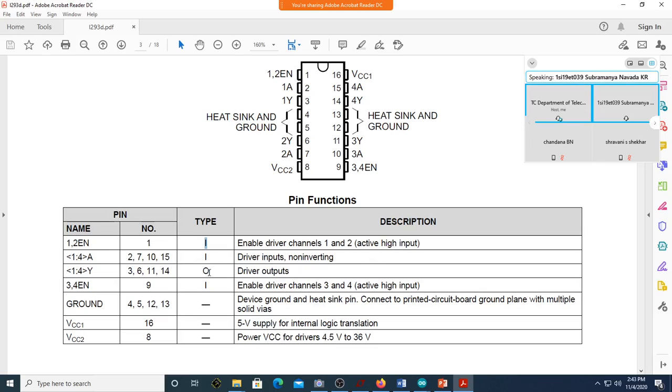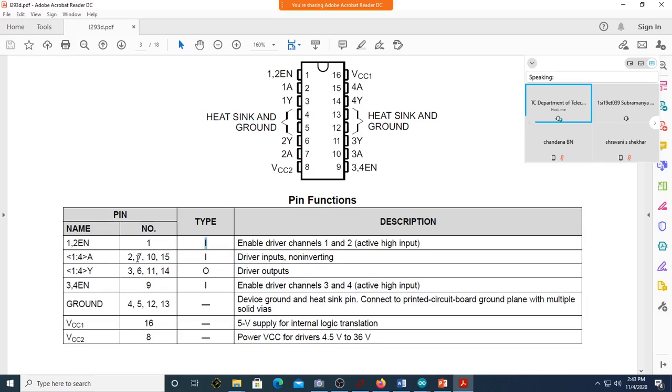Of course, whenever you want to use any of the ICs, first and foremost you have to download the data sheet and understand what it is. Next is the name: 1A to 4A. So these are all inputs. There are 4 possible inputs.